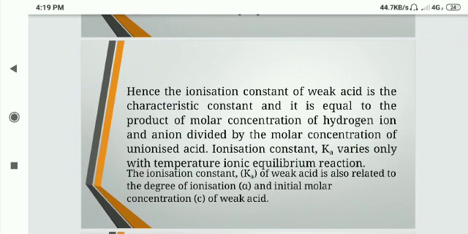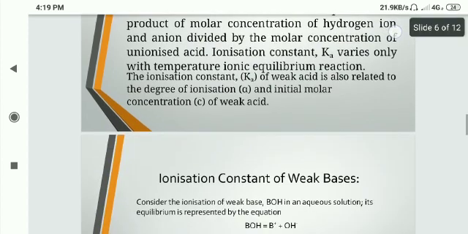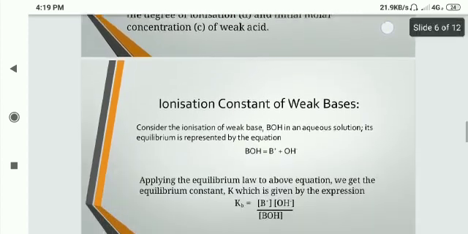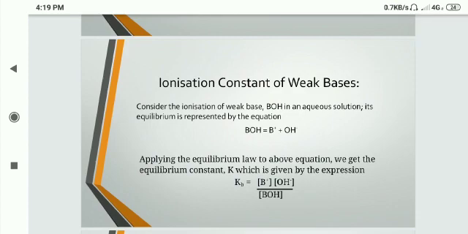The ionization constant Ka of weak acid is also related to degree of ionization and initial molar concentration of weak acid. Ionization constant of the weak base. Consider the ionization constant of weak base. That means consider our weak base here is BOH. BOH dissociates into B plus and OH minus ion.